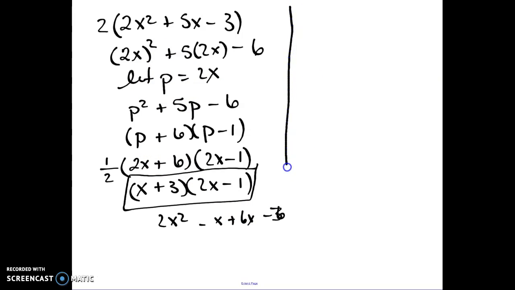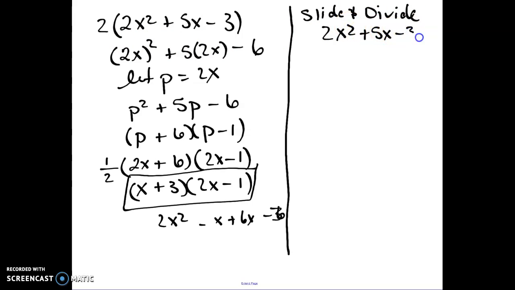So if I slide and divide, my first step would be to take this 2 and slide it down to the end, and I would rewrite it as x squared plus 5x minus 6, which you might recognize as this expression right here, p squared plus 5p minus 6. I've effectively done the same thing.